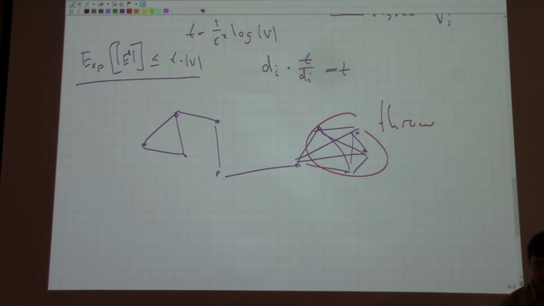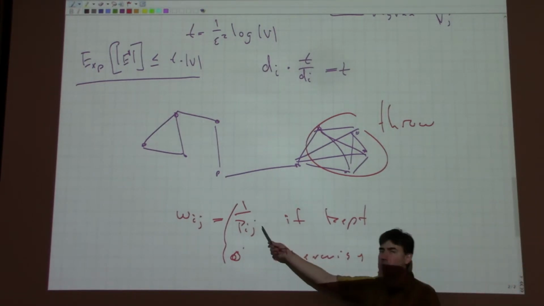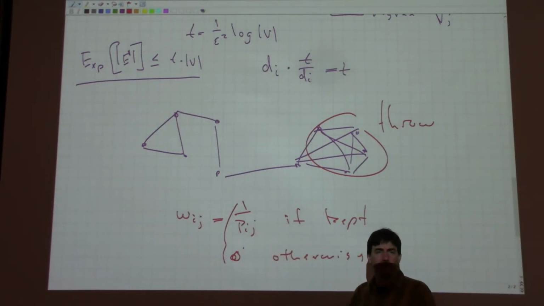So basically what I'm going to do is set the weight of an edge I keep equal to 1 over p_ij if kept, and it's 0 otherwise. Okay, so initially all edges essentially have weight 1.